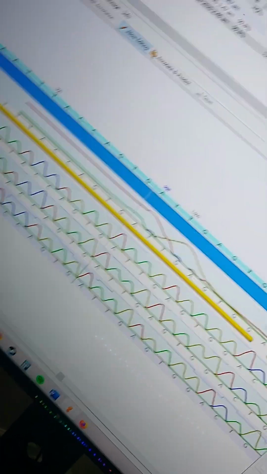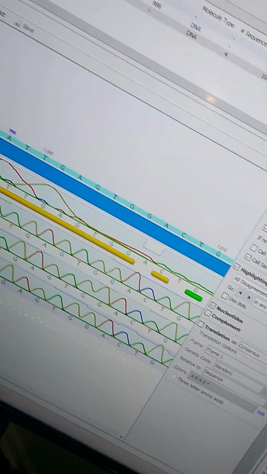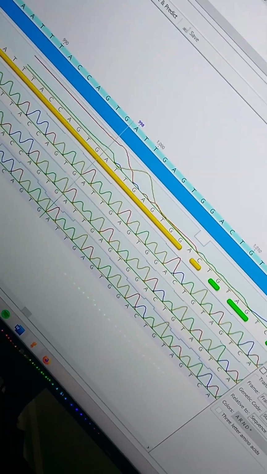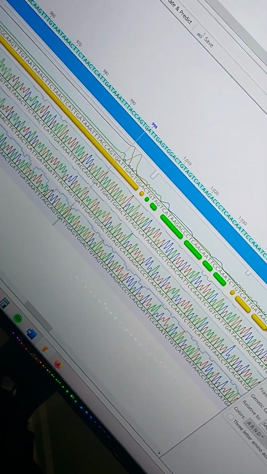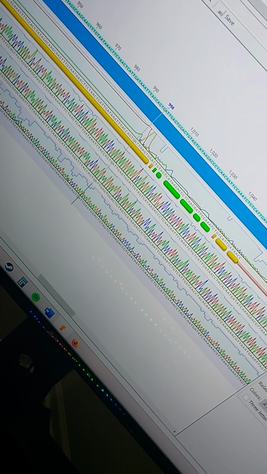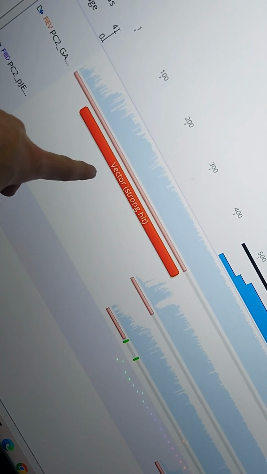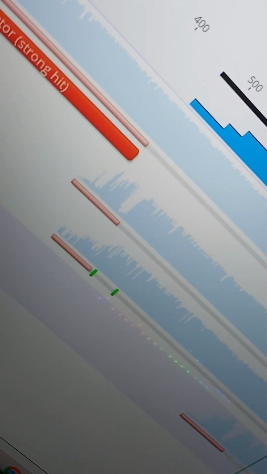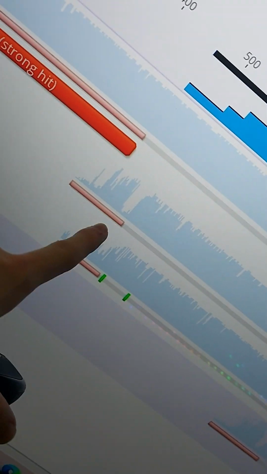So it's very difficult software to use, but if you zoom out, it starts to look like this. Where it shows red, it's a vector or a strong hit, so that's all removed. And you can actually easily remove most of the disagreements just by moving across these red bars.